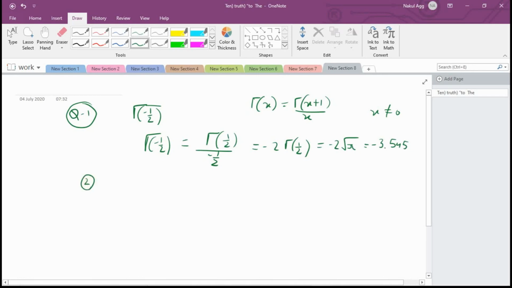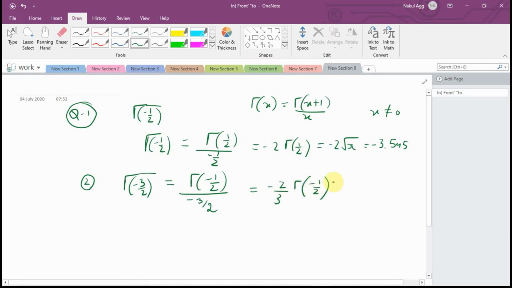The second question is gamma of minus 3 by 2. So gamma of minus 3 by 2 is gamma of minus half divided by minus 3 by 2. This is equal to minus 2 by 3 into gamma of minus half, which is minus 2 by 3 into minus 2 root pi, equal to 4 root pi by 3.